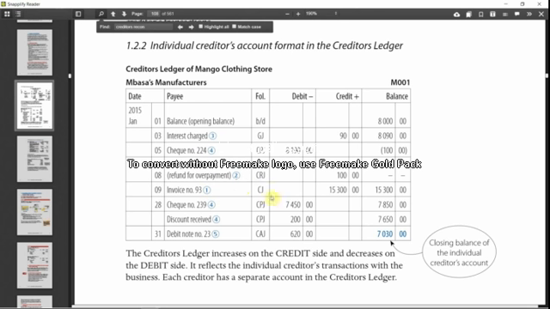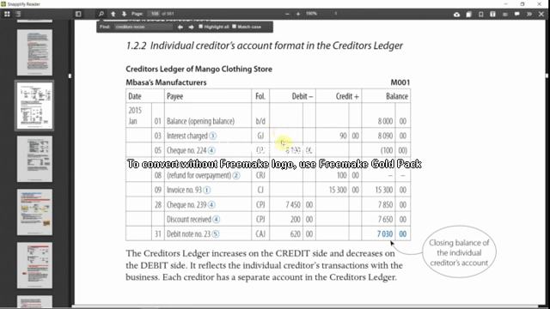And then we have the folio in terms of from which journals we post it. So basically when it relates to our creditors, usually we post to both destinations actually.